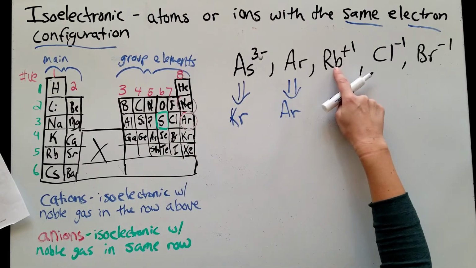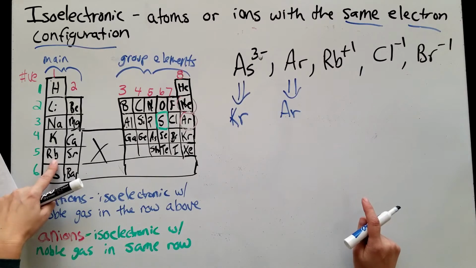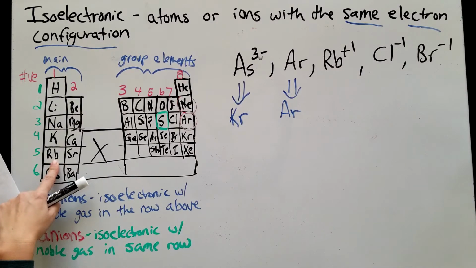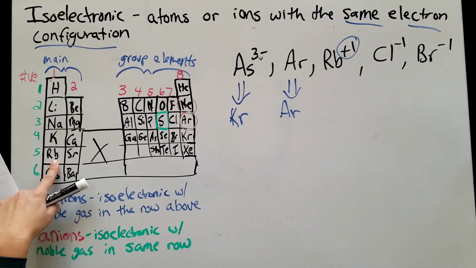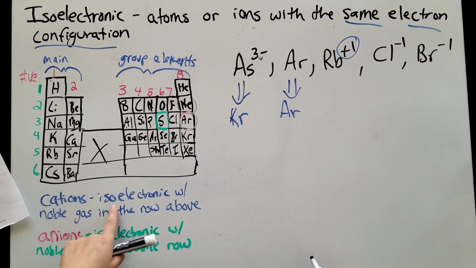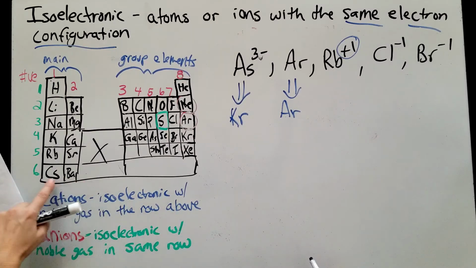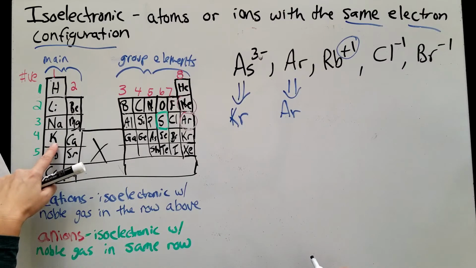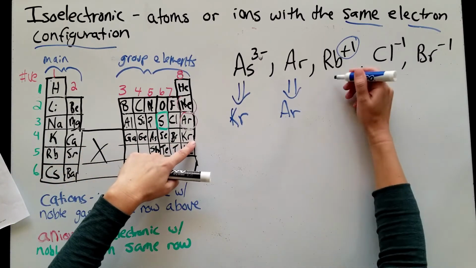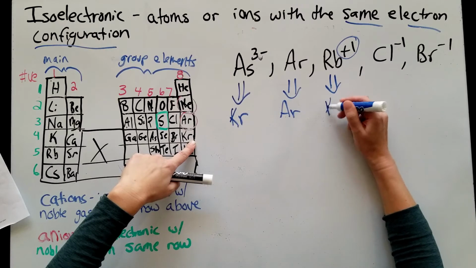So now let's look at rubidium. Rubidium's way down here in row 5. Rubidium is a cation. It's got a plus charge. Cations are isoelectronic with the noble gas in the row above. Rubidium's in row 5, so we want to look at the noble gas in row 4, which is krypton.